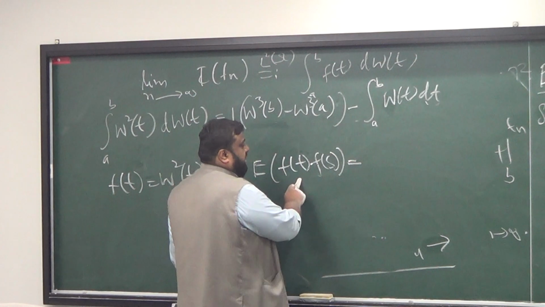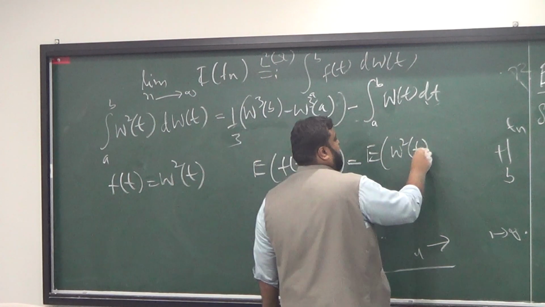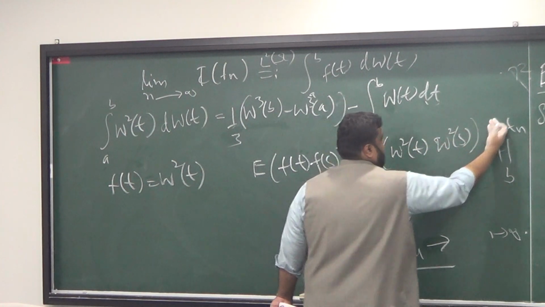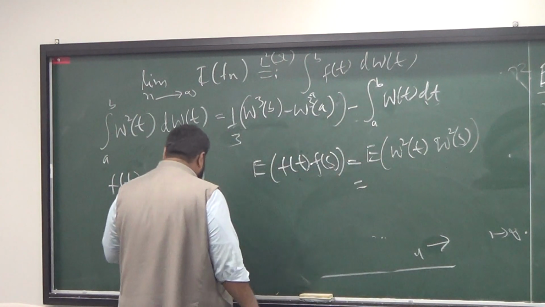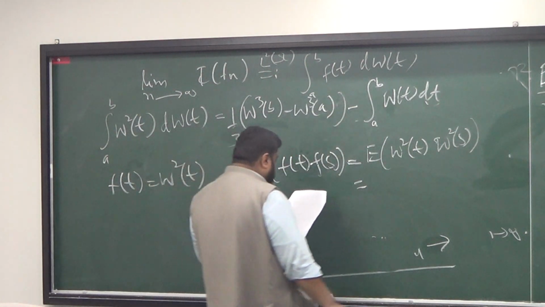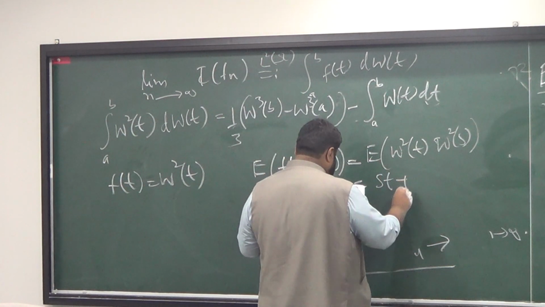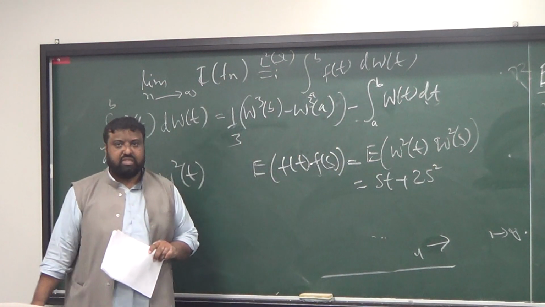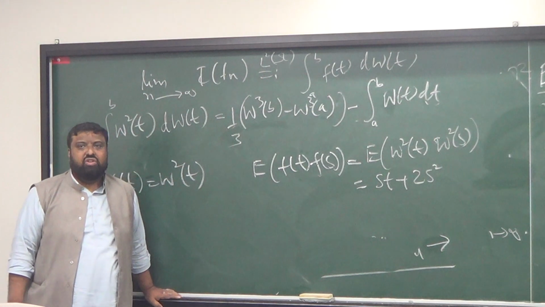So f of t, s is going to be the expectation of w square of t and w square of s, where s is obviously less than or equal to t. One exercise for you is to show that this is equal to st plus 2s square. How are you going to compute it?